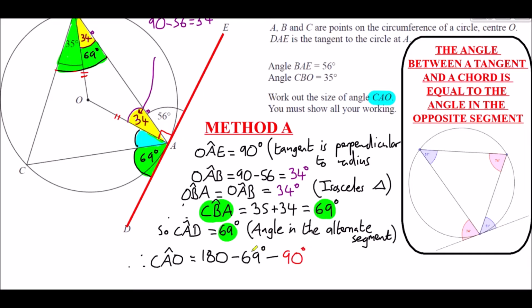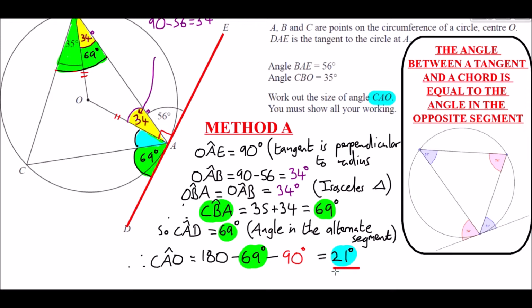And so if we calculate this, I think it's probably easy to do 180 minus 90 first. 180 minus 90 gives us 90. Then 90 take away 69, that leaves us with 21 degrees. So angle CAO is 21 degrees, and that's a fairly long-winded question.